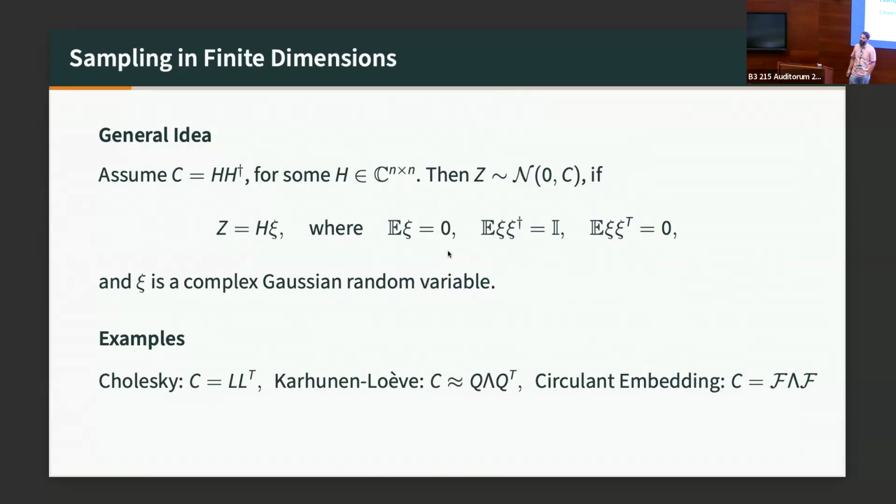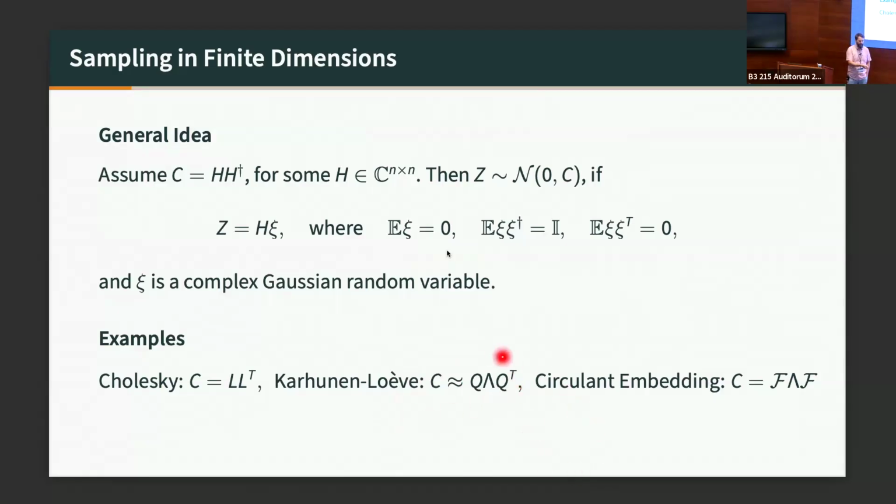And that gives you correlated samples at a large number n of points. So what would be classical ways to factorize? One would be simply doing a Cholesky factorization. It's a covariance matrix, so it's symmetric positive semi-definite, so this is always possible. But you could also analytically factorize your differential operator, your covariance operator.